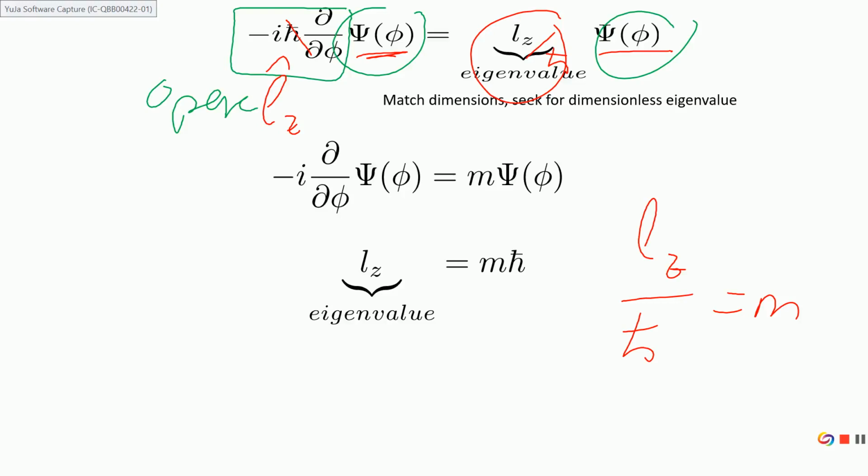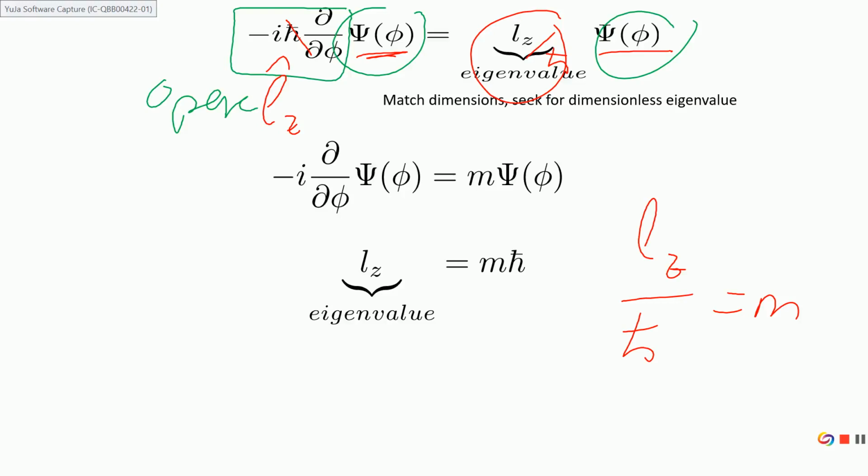And no one can forbid us to divide both left and right by h bar, so that on the left we will have just the derivative, and on the right the ratio of the eigenvalue of angular momentum to the Planck constant.